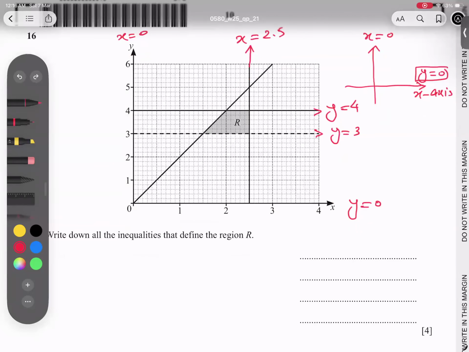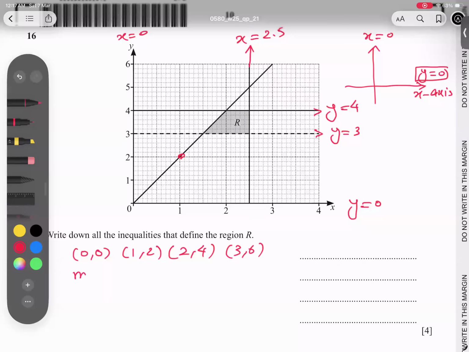I can take any 2 points on this line. The best point is 0, 0. I can take x is 1, y is 2, no problem at all. I can take x is 2, y is 4, or x is 3, y is 6. If I take any one point, no problem at all.